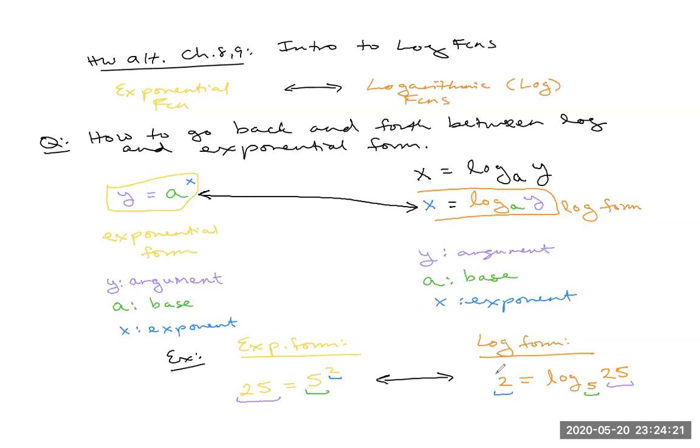That means that the exponent I need to put on the 5 to get a 25 must be 2. Okay. We'll look at more of this in a little bit. As a matter of fact, I want to skip to an example now.